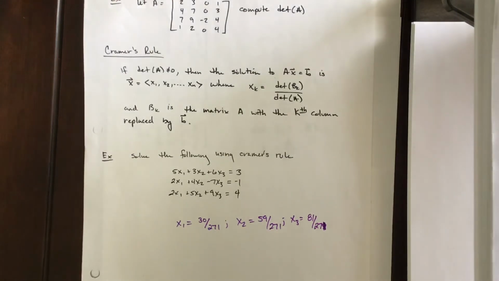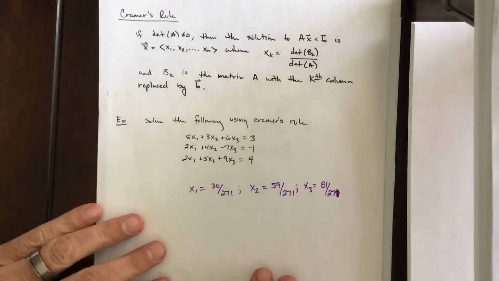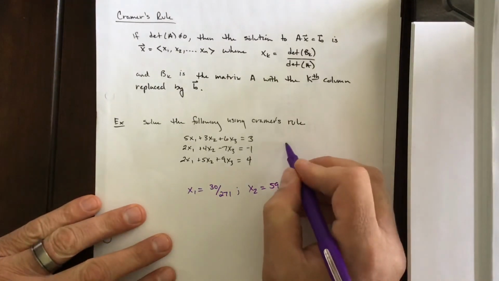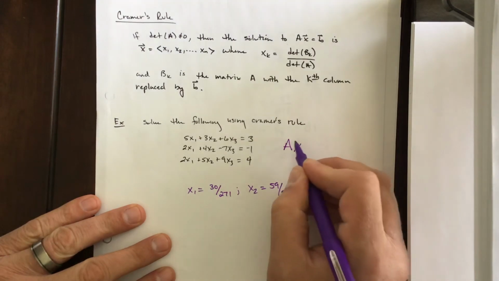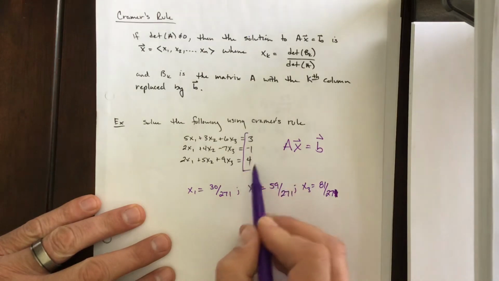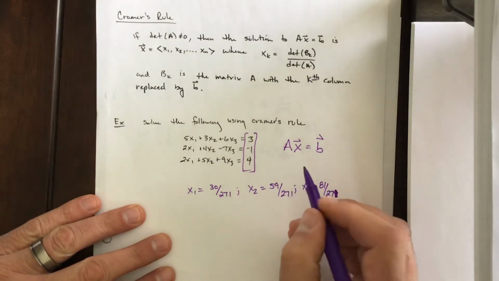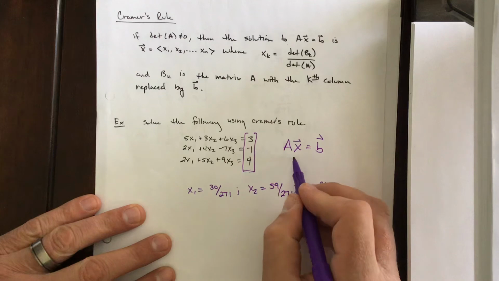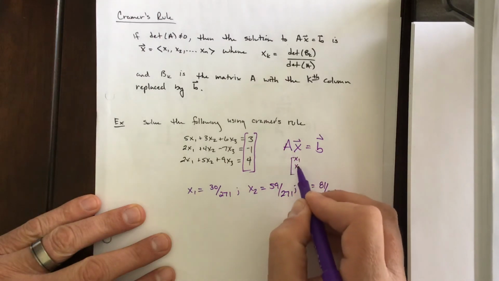Imagine how frustrating that would be if you were to do Gaussian elimination, row reduction, all of that. That would take absolutely forever to come up with those values. And again, what we're doing here is we're taking advantage of the fact that we're solving the system Ax equals b. B is the vector 3, -1, 4. X is the vector x1, x2, x3.